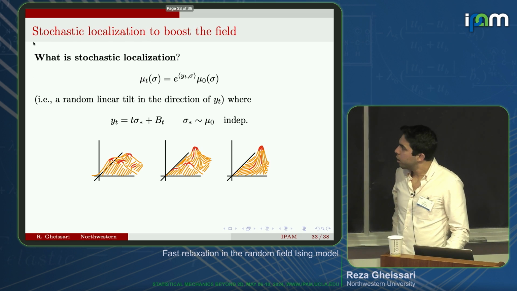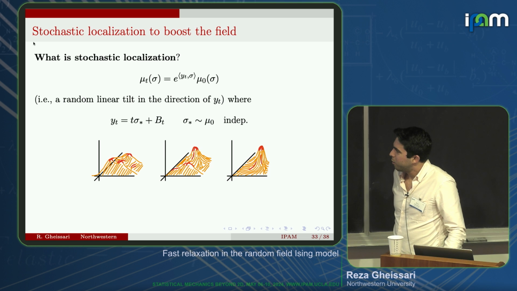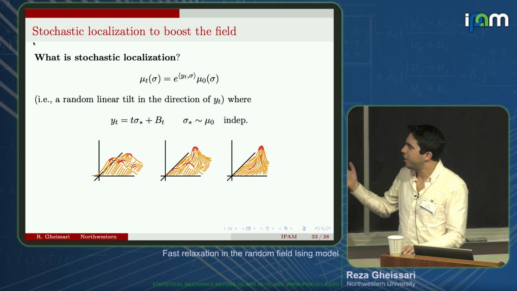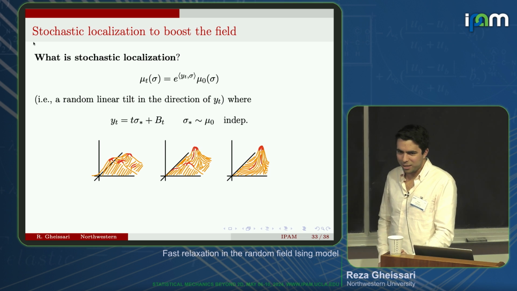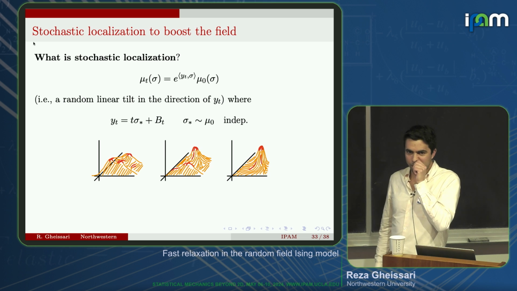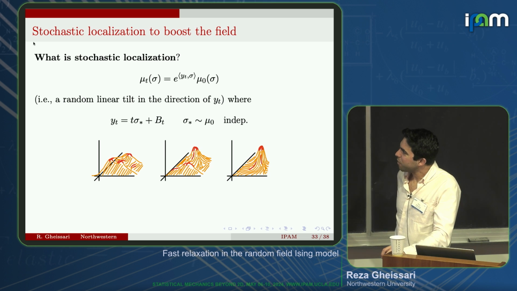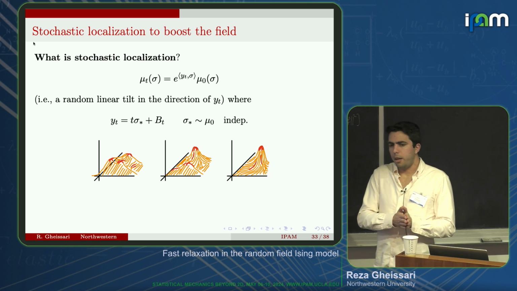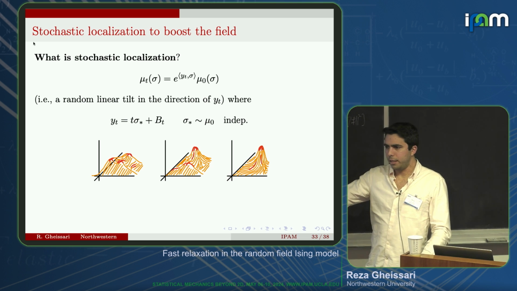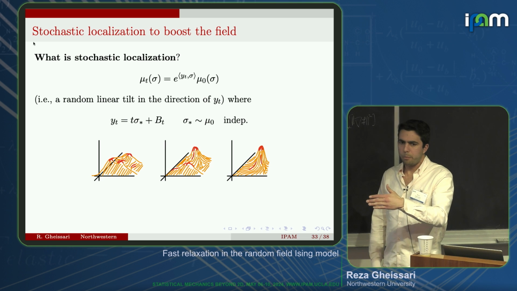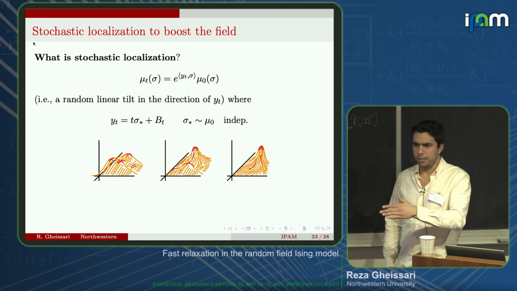So, okay, so for this, maybe even if you want to forget the results, here's a nice, what is stochastic localization? Maybe a lot of us have heard the term but aren't really familiar with what it is. So stochastic localization in the context of the Ising model is basically a stochastic process in the space of measures where I'm doing random linear tilts to my Ising measure.